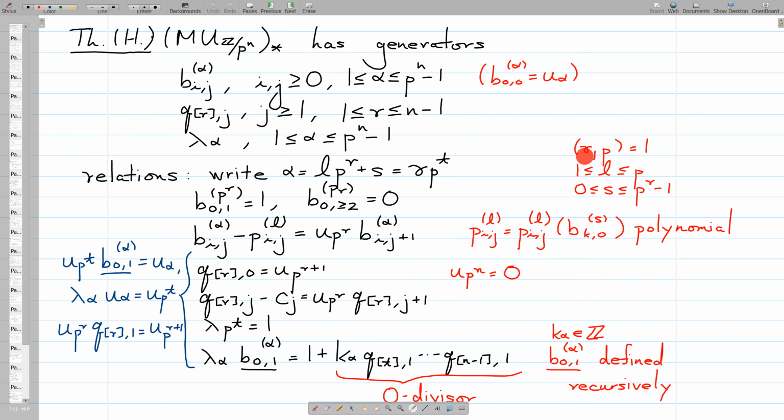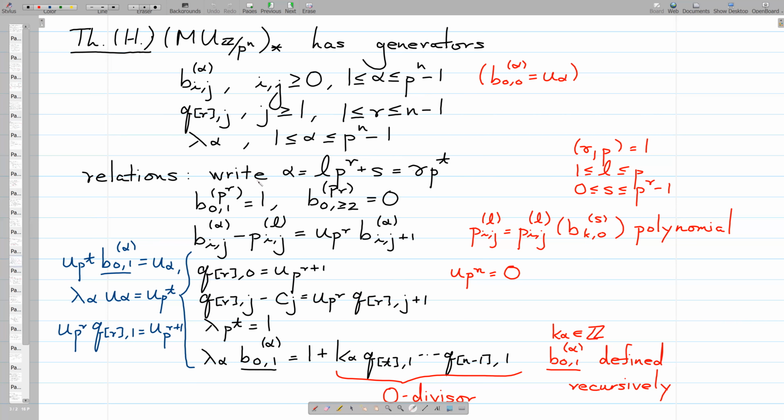So where gamma P is 1. So what that means, the P to the T is the highest power of P that divides a number alpha, which is in a non-zero element in this group, Z mod P to the N. And P to the R is actually the biggest power of P that's less or equal to alpha.